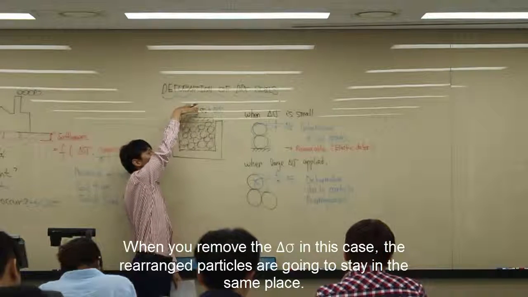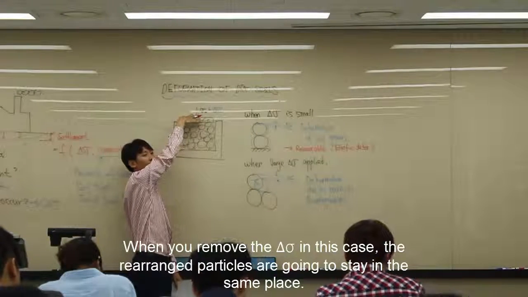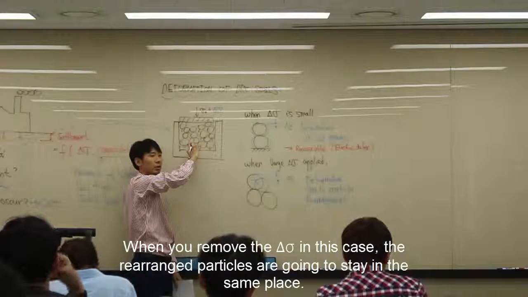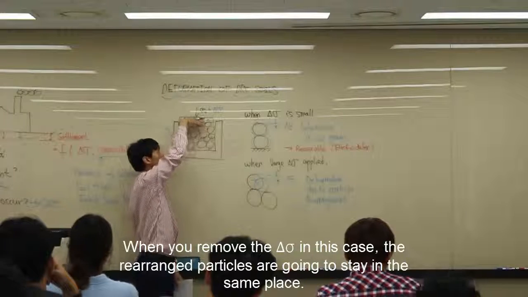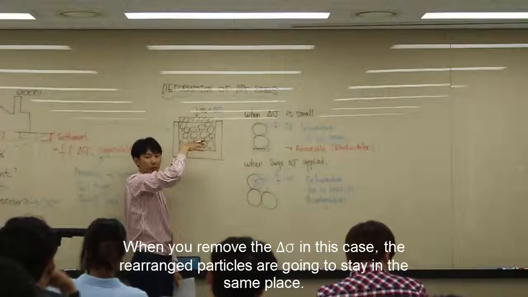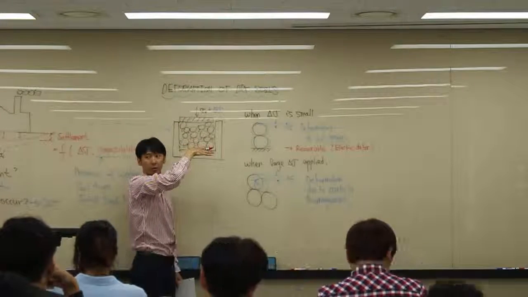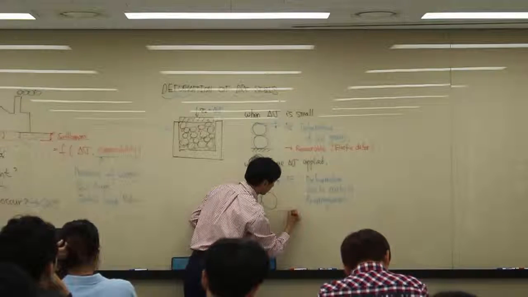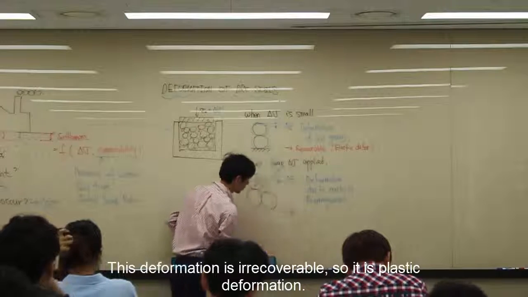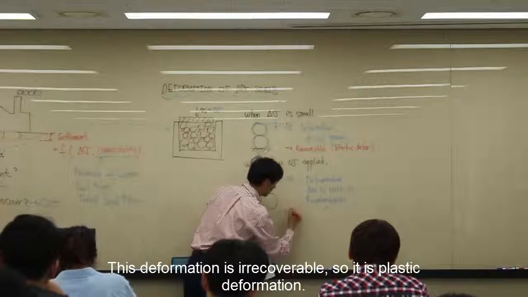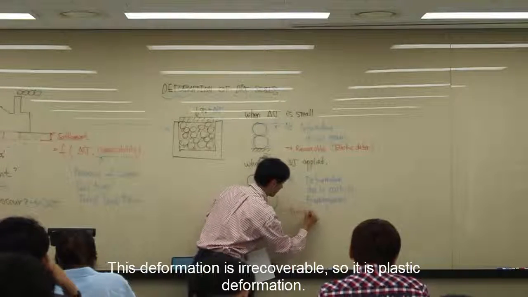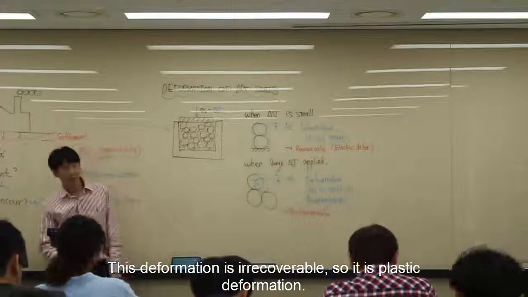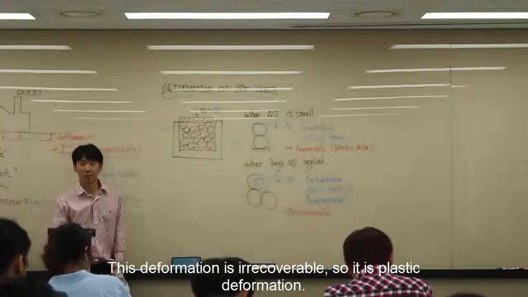When you apply the stress on the top, the particles settle more and find another place. So when you remove it, it's still going to stay in the same place. Right? So this deformation is not recoverable, and it's not elastic.